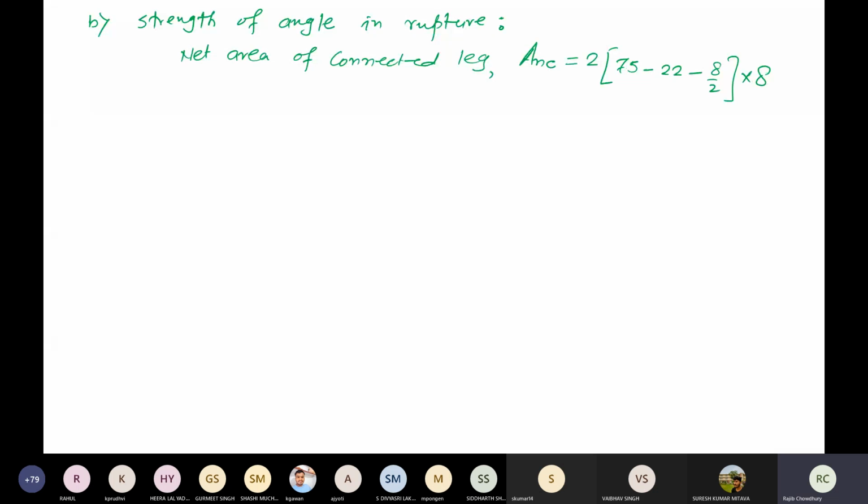Okay, multiplied by 8, this much area in square millimeters. So 784, it is coming 784 mm².